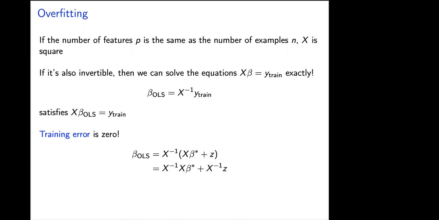Now we can multiply everything here, and X inverse and X cancel out. We have our perfect coefficient and this error multiplied by X inverse. That could end up being a really large factor, so that the beta that we've learned is nothing like this beta star, the true coefficients that we would like to find.